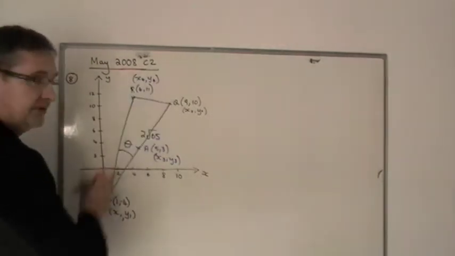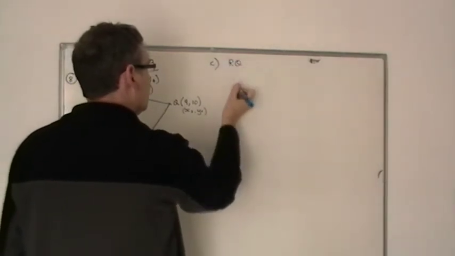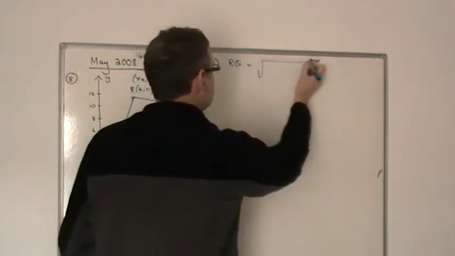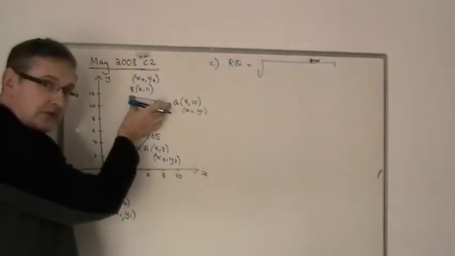I'm going to work out first of all the distance RQ. So part C, let's find out what RQ is. I'm going to use simply the distance between 2 given points formula from coordinate geometry C1 again.